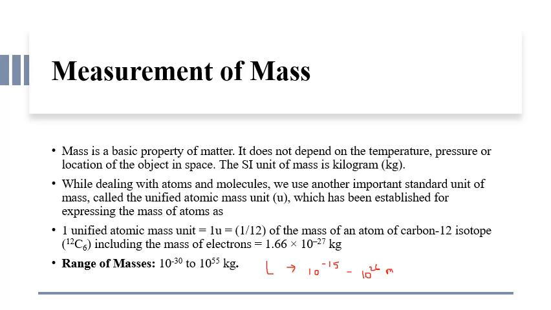This is the least value we can measure by using indirect methods. So the range of length is 10 power minus 15 meters to 10 power 26 meters, and the range of mass is 10 power minus 30 to 10 power 55 kg.